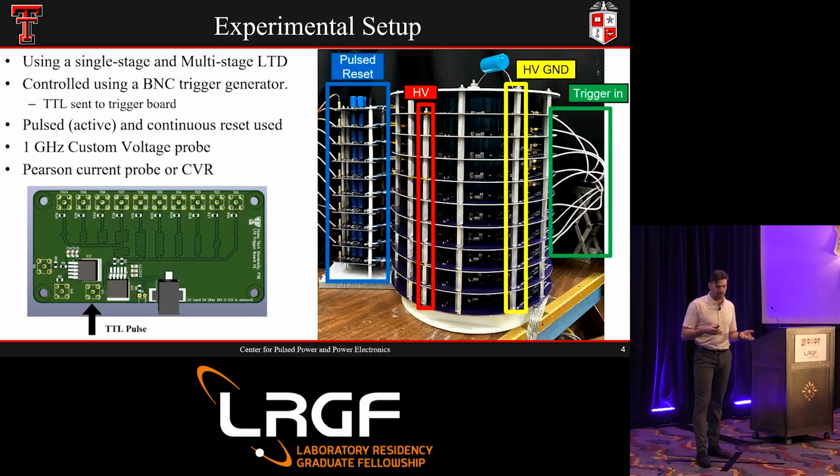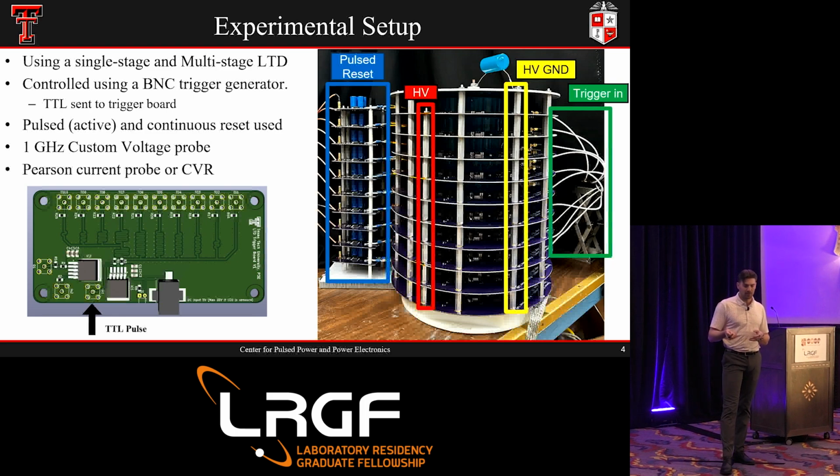So we did some single-stage and multi-stage testing, using just a simple trigger to trigger all 10 stages. The LTD acts a lot like a Marx in the sense that you charge up in parallel and then discharge in series. This is the trigger board that was made to trigger all 10 at the same time.